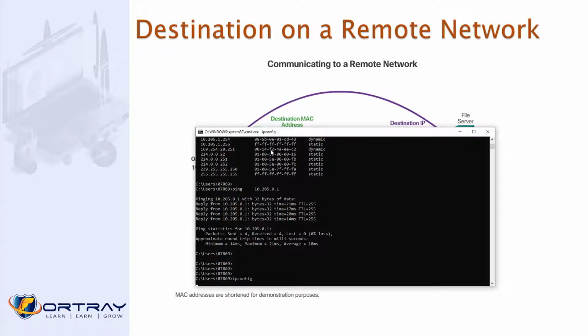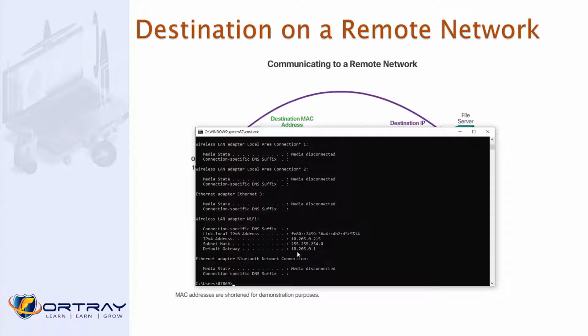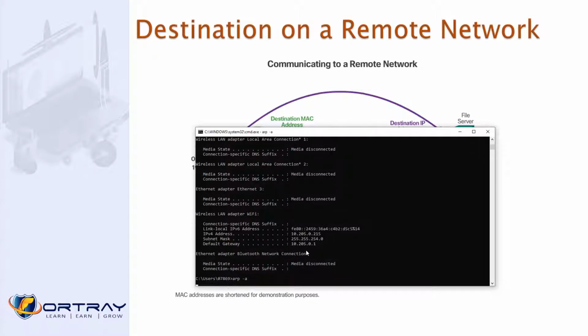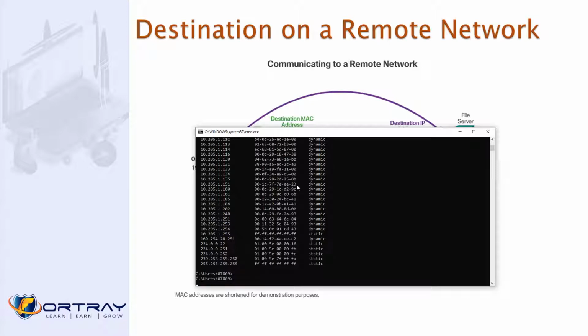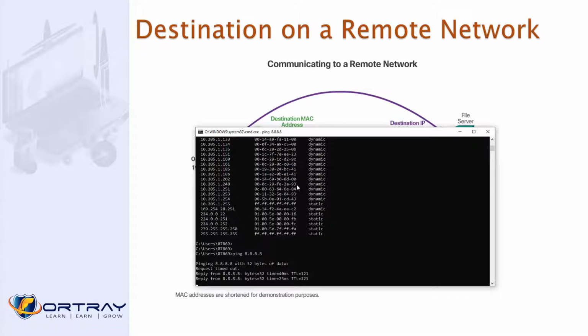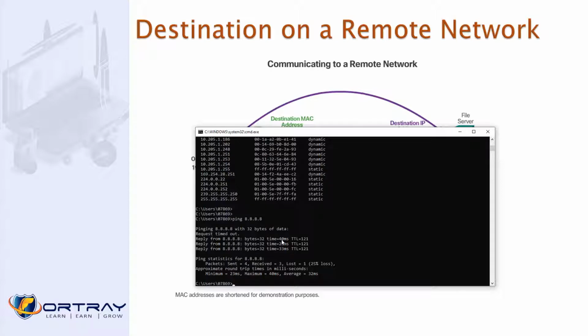And in arp -a, you see, I have this MAC address. So for example, if I ping 8.8.8.8, that's a Google DNS server, I can ping it. And you can see the time in milliseconds.